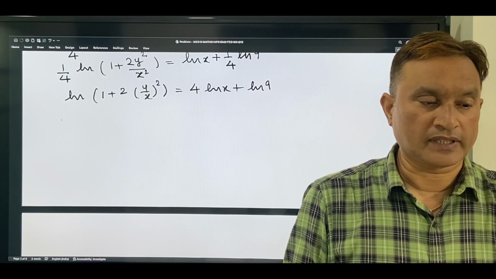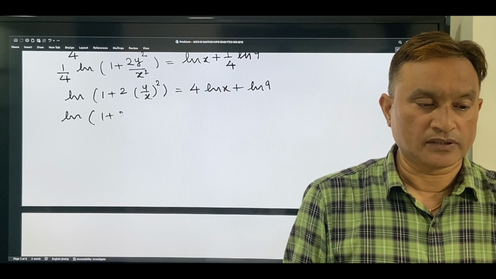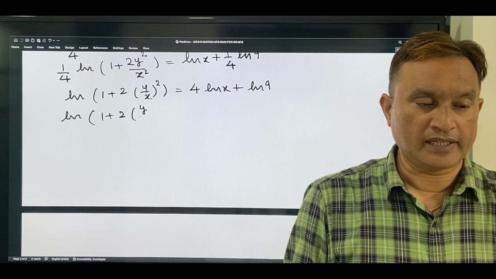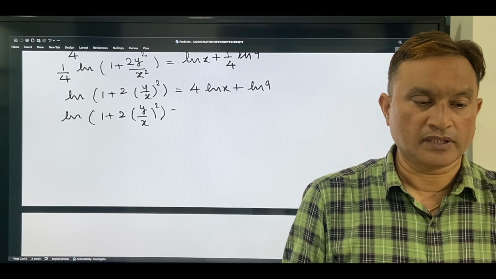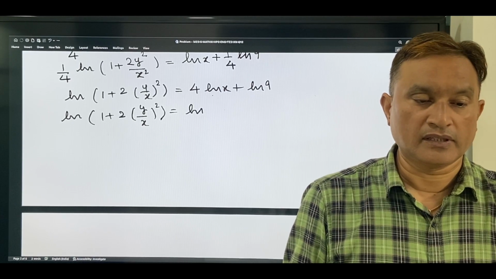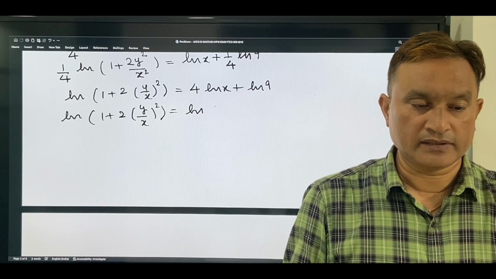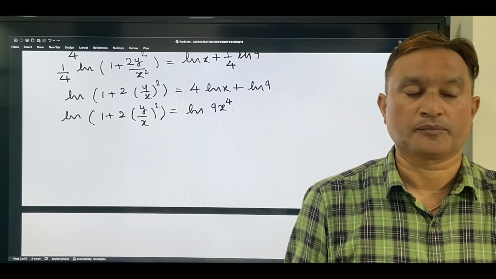We can further write ln (1 plus 2y upon x) whole square equals to, you can write here ln, and here we can write 9 x power 4.